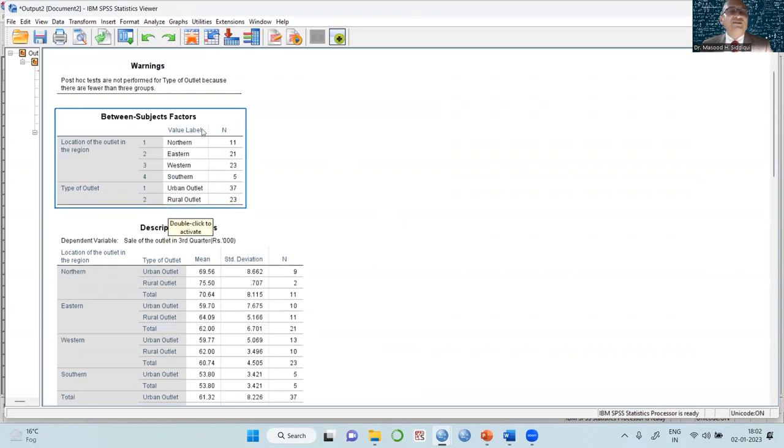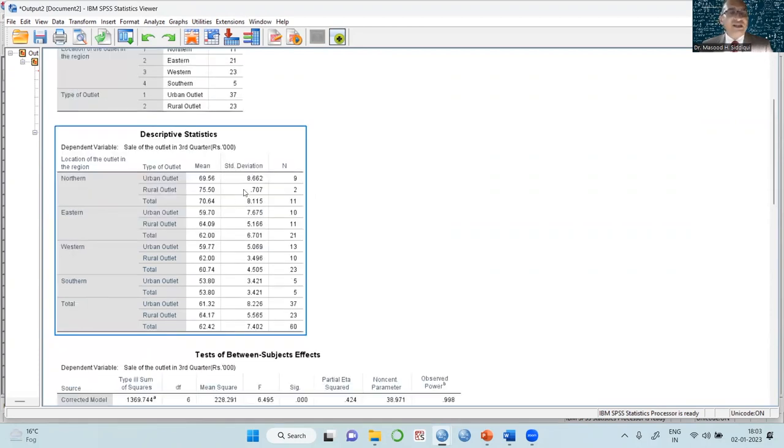Here, for location, 11 units are there for the northern, 21 for the eastern, 23 for the western, and 5 for the southern. There are 37 urban outlets and 23 rural outlets. These are the two assignable causes that we are going to use.